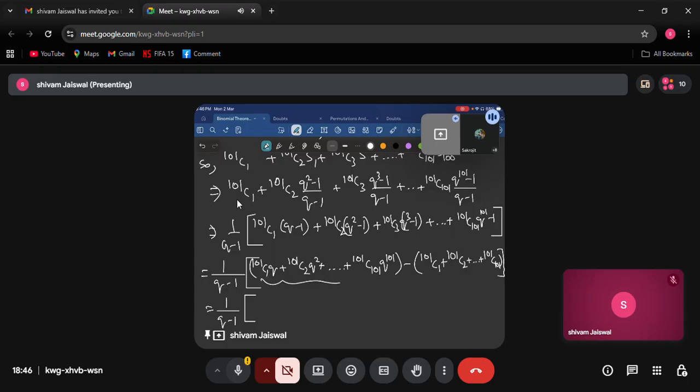Does it look familiar? It is 1 plus q whole to the power 101, exactly, but 101C0 is missing, so we need to subtract 1.